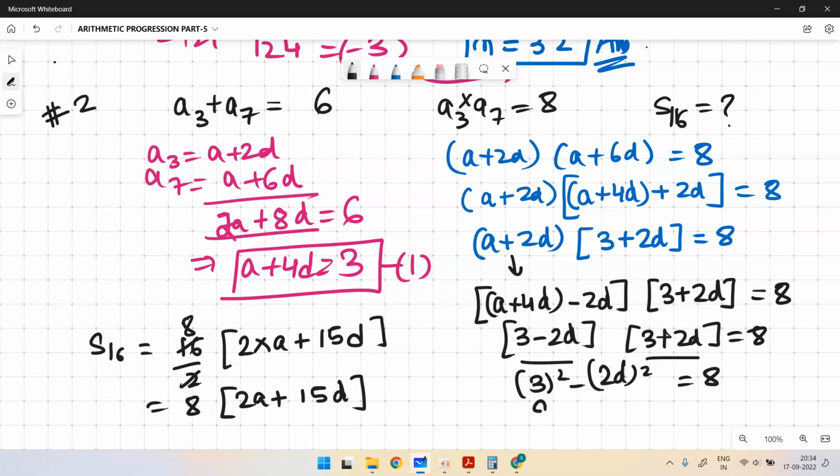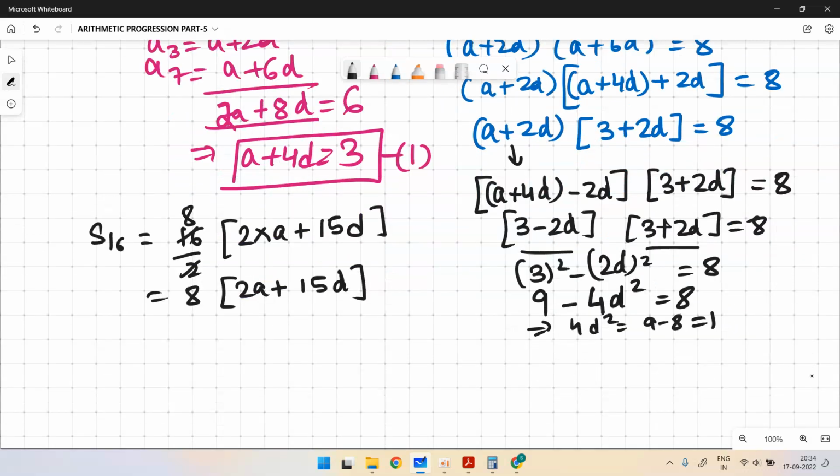So 9 minus 4d square equals 8, which implies that 4d square is 9 minus 8, which is 1. Now the value of d is under root of 1 by 4, plus minus, which is plus minus half.